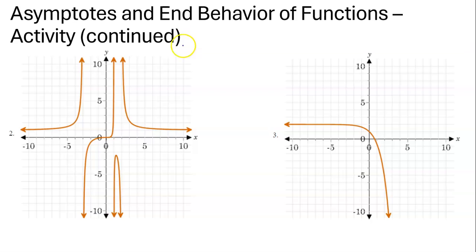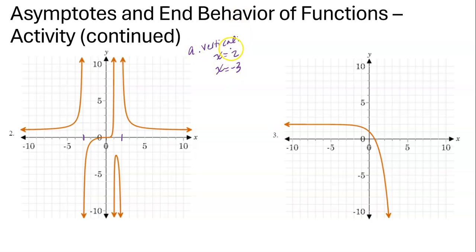Okay, so we've got to do the same thing here. So we have A, so this is the asymptote one. So we have vertical asymptotes at, let's see, we've got one here. So that's x equals 2. We've got one here, x equals negative 3.